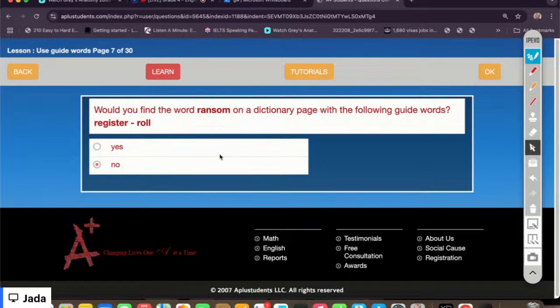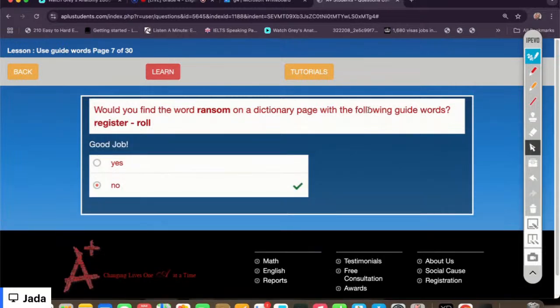Alright, so no, we cannot find ransom in between register and roll.